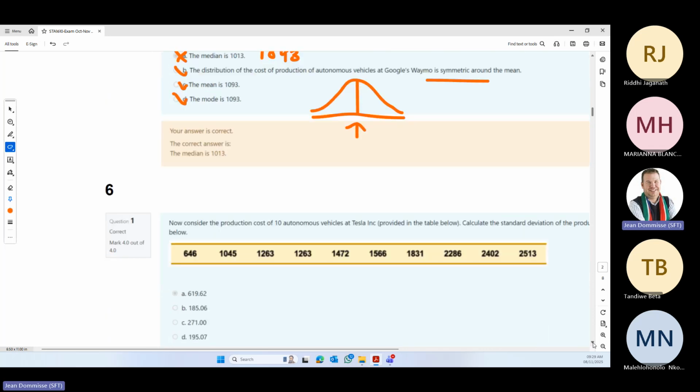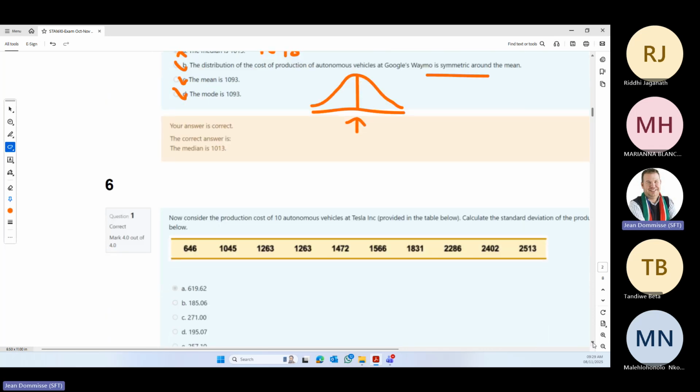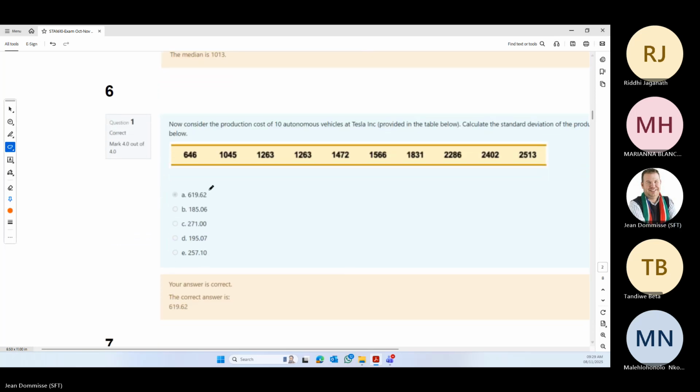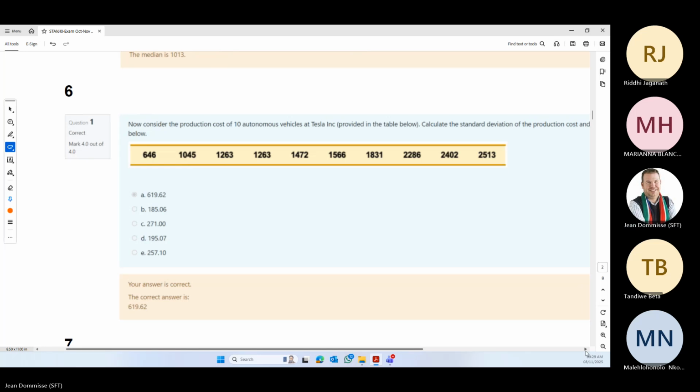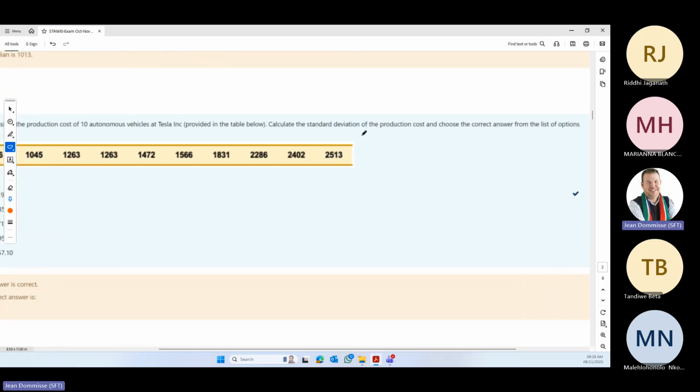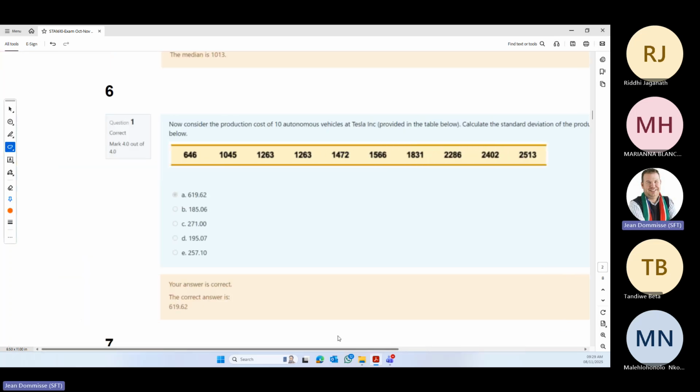Okay, so now we're going into a bit more difficult one, because now, same, just one of the other car brands, but now they want us to calculate the standard deviation of production cost and choose the answer from the list.